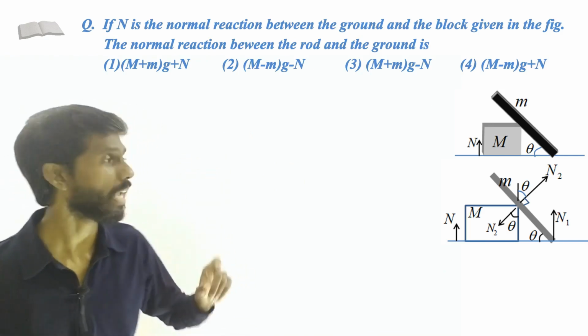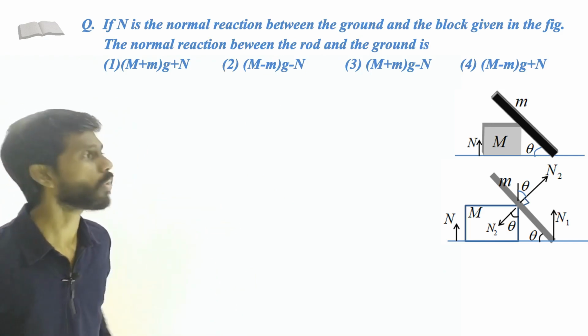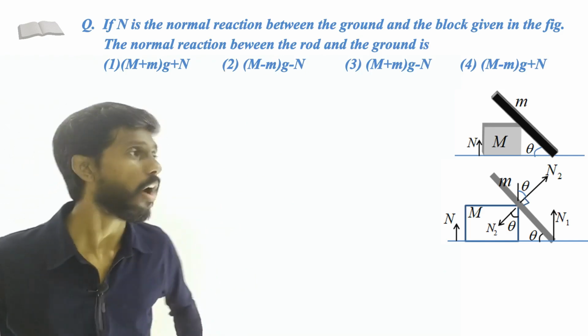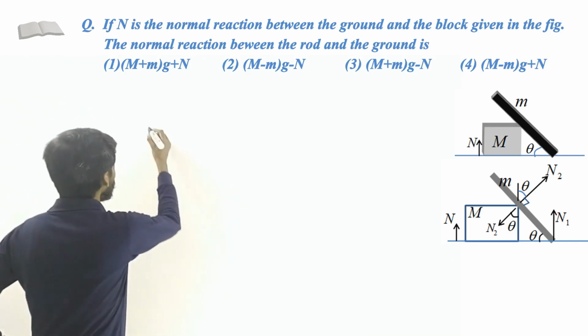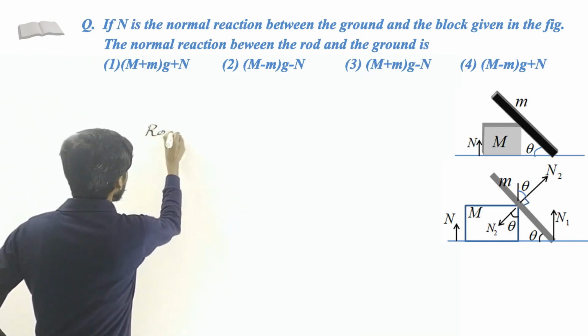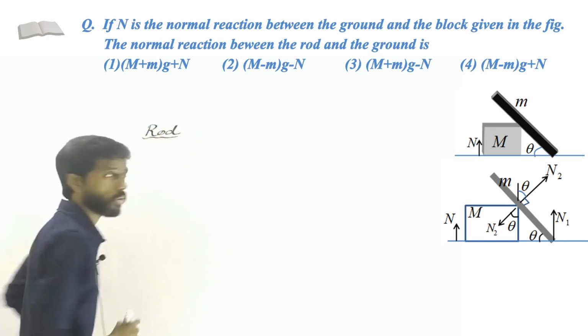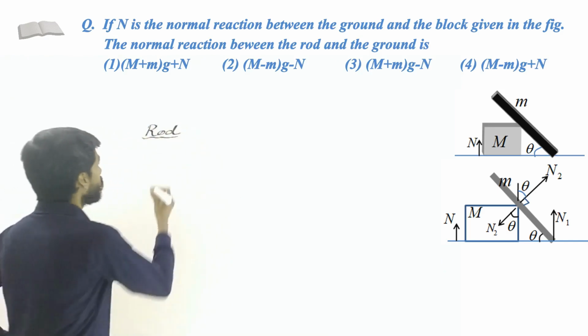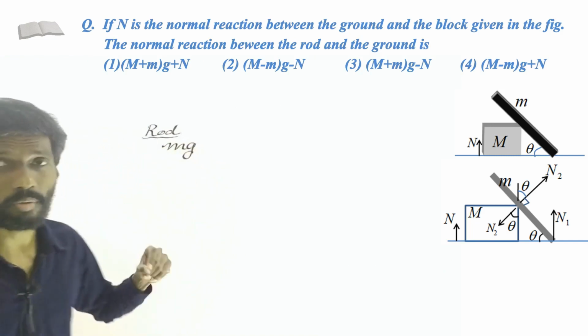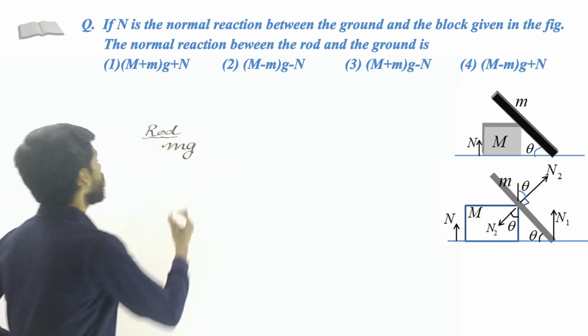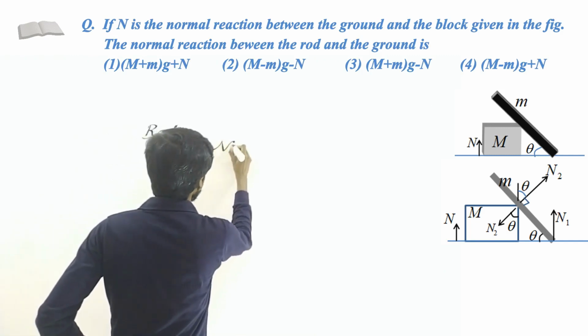We have to find N1 in terms of N, right? So let us write the total force on the block and the rod. First we'll write the equation for the rod. The gravitational force is acting in the vertically downward direction, mg, and the normal force N1 is acting in the vertically upward direction, so minus. We have taken the downward direction to be positive.